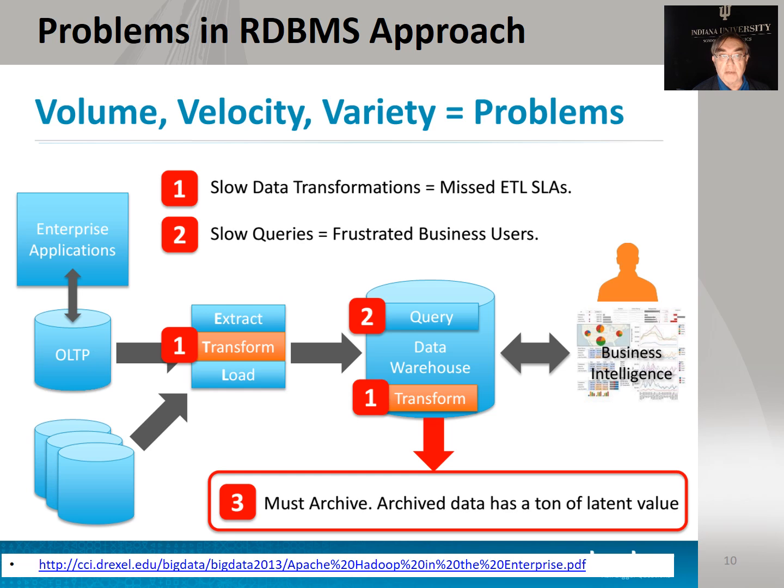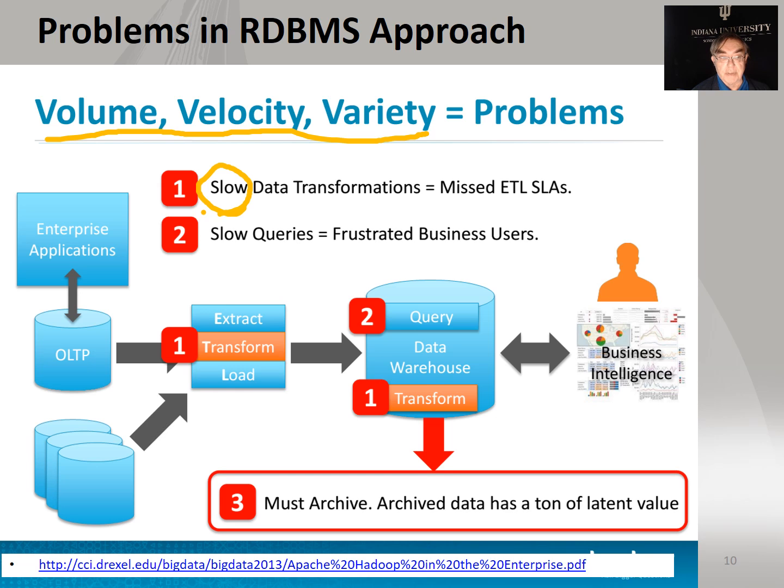Here we have the problems in the relational database approach, which is the fact that the volume and the velocity and the variety of the data leads to problems, which basically all comes down to performance. Or what's related is cost, because you only have a certain amount of money, so you can only buy a system of a certain performance.